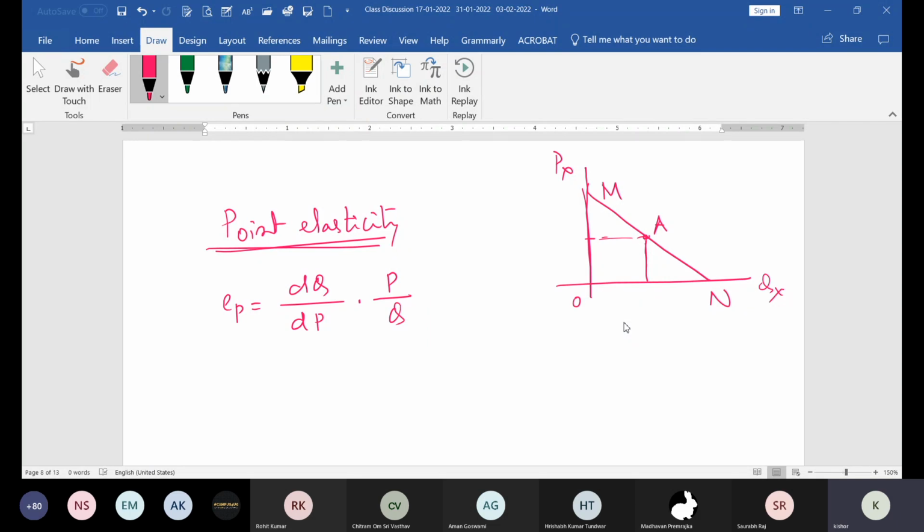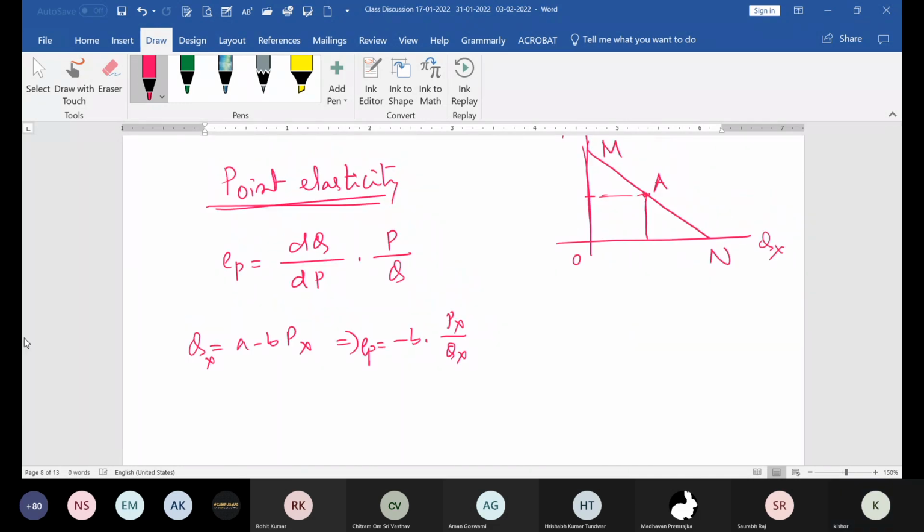Suppose your demand curve is Q equal to A minus BPX, QX equal to A minus BPX. It may be this pattern also. Then elasticity will be how much? Minus B into PX by QX. That will be your elasticity in case of point elasticity.